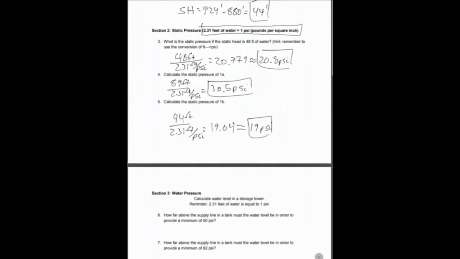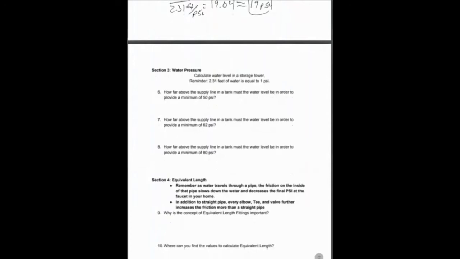All right. So sections 1 and 2, pretty straightforward. Now we're going to go a little bit further with this. Still nothing crazy in part 3. Again, still working on water pressure, very similar to part 2 there.